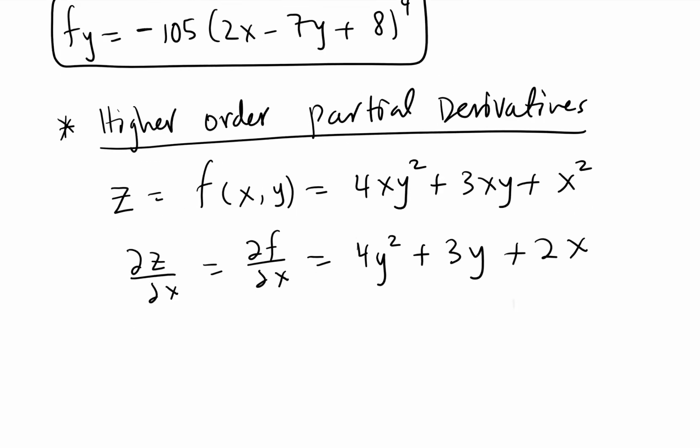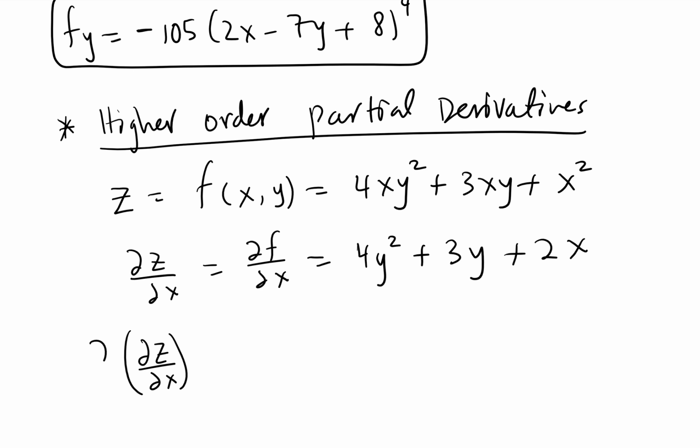Now I can take this answer I just got, which is partial z partial x, and find its partial derivative with respect to y. So this means I'm going to find the partial derivative of this answer I got with respect to y.